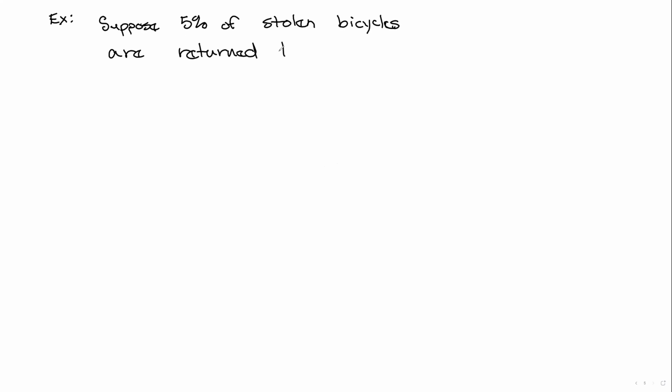All right, so let's look at some examples, and we're going to use StatCrunch to calculate these outcomes. Here's a potential example. Suppose 5% of stolen bicycles are returned to their owner.